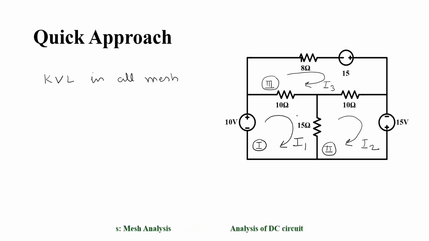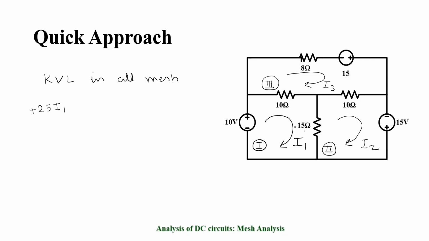Just by adding these two resistances, 10 plus 15, that will be 25. So 25 I1. This is positive, right? And we will look at the resistances in which other loop currents are flowing. In this 10 ohm, I3 is flowing. In this 15 ohm, I2 is flowing. In such a case, we write the coefficients of I2 and I3 with negative signs.